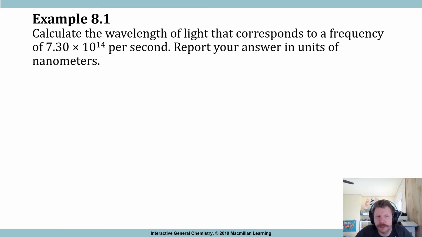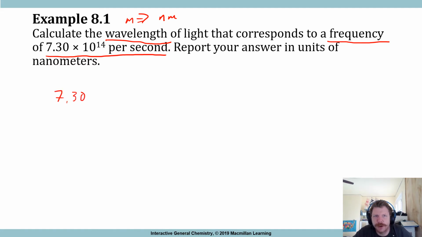Now, this right here is a good practice problem that you're definitely going to see from time to time. Calculate the wavelength. Remember, wavelength is represented in meters, or more commonly nanometers. Calculate the wavelength of light that corresponds to a frequency of 7.30 times 10 to the 14th per second. Let's write this out: 7.30 times 10 to the 14th.